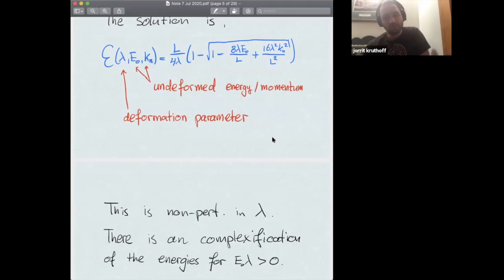Although for a CFT on a circle, E naught can be negative, like the Casimir energy, and so in that case you would also have a complexification even for negative lambda, because E naught can be negative. It is not entirely clear to me what the physics of that in this particular case is.